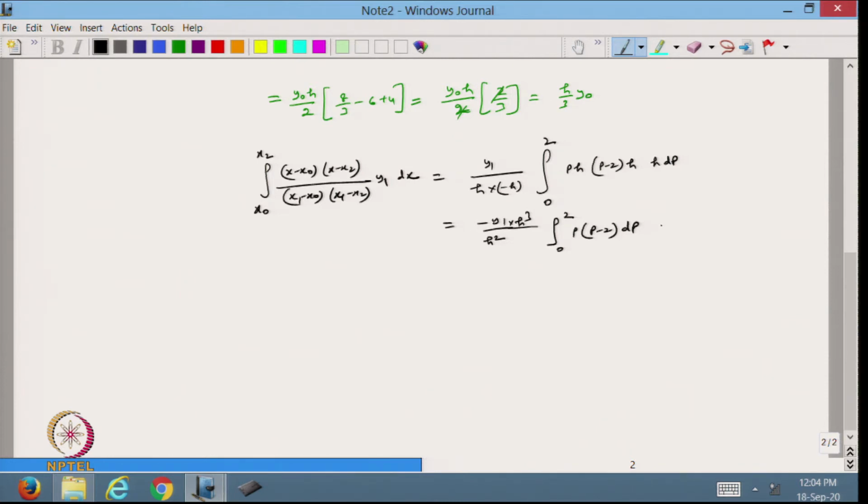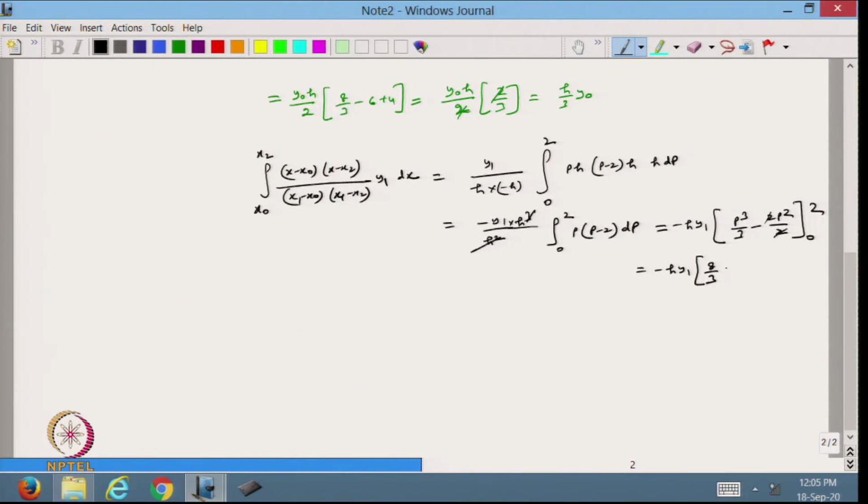So, this will cancel out with this, and it will be minus h y1 times the integration, that is p cube by 3 minus 2p square by 2 from 0 to 2. So, minus h y1, and this is 8 by 3.